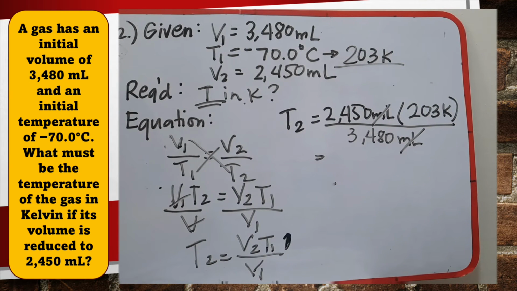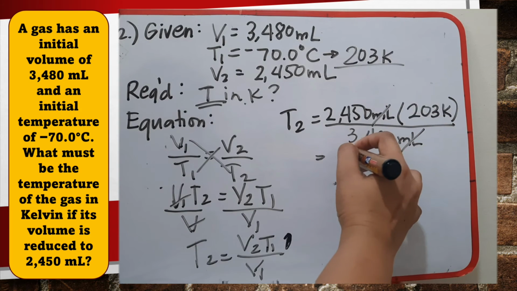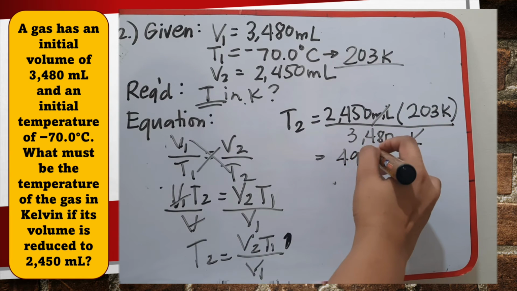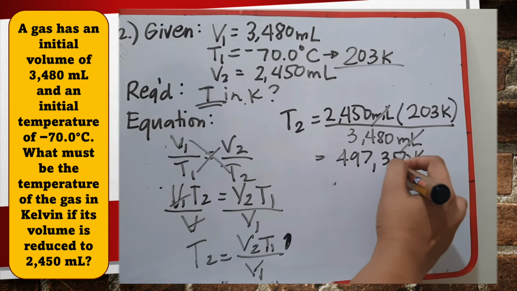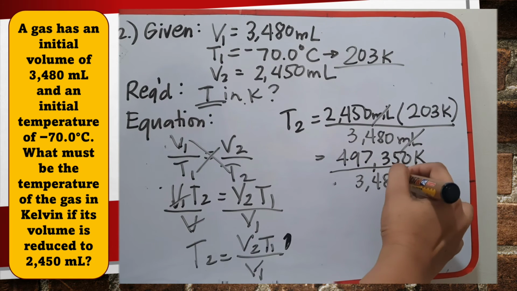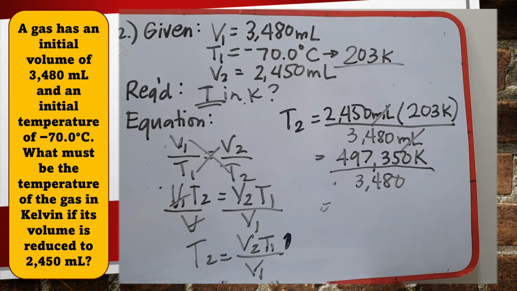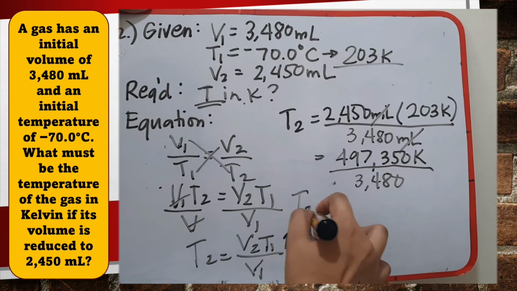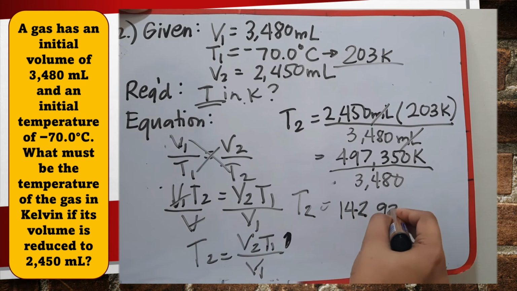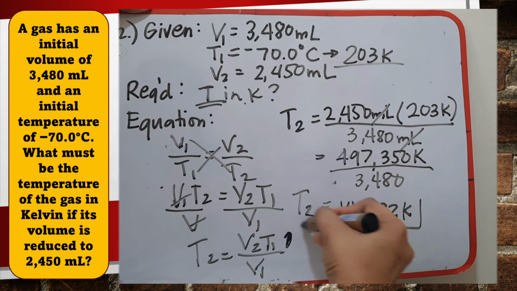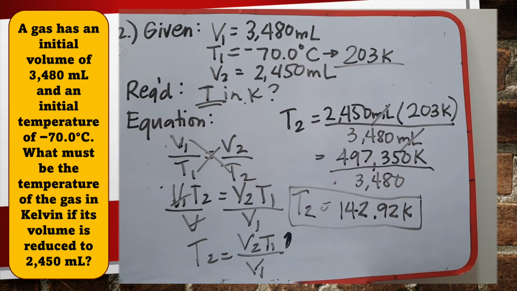So 203 times 2,450, we have 497,350 Kelvin, divided by 3,480. So our T2 will be 142.92 Kelvin.